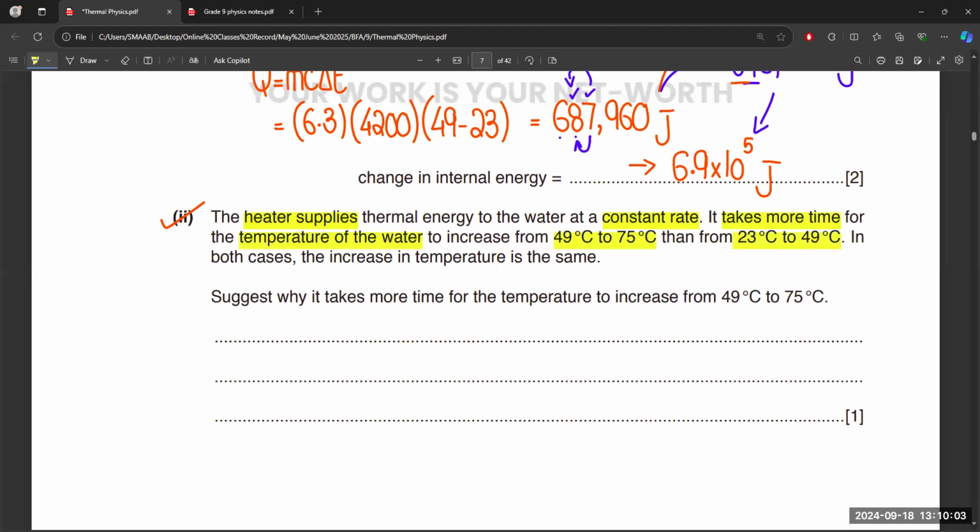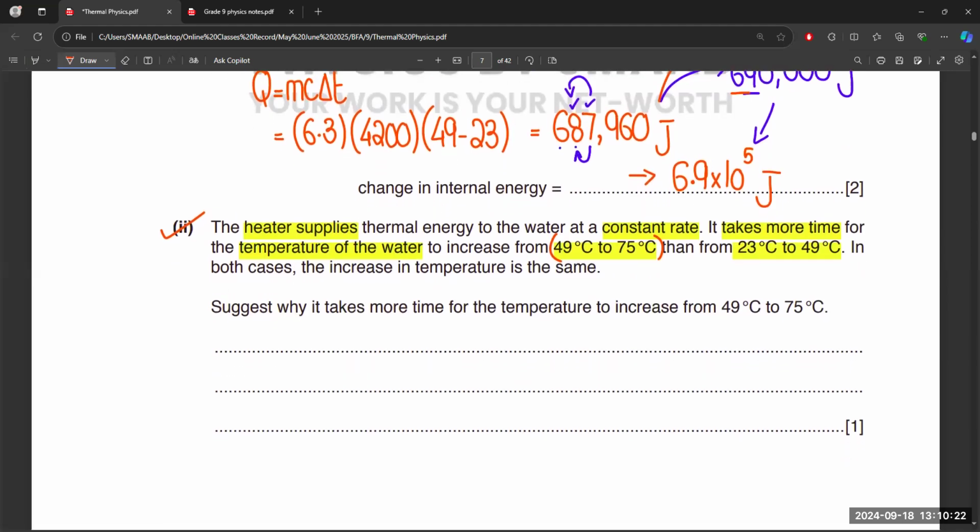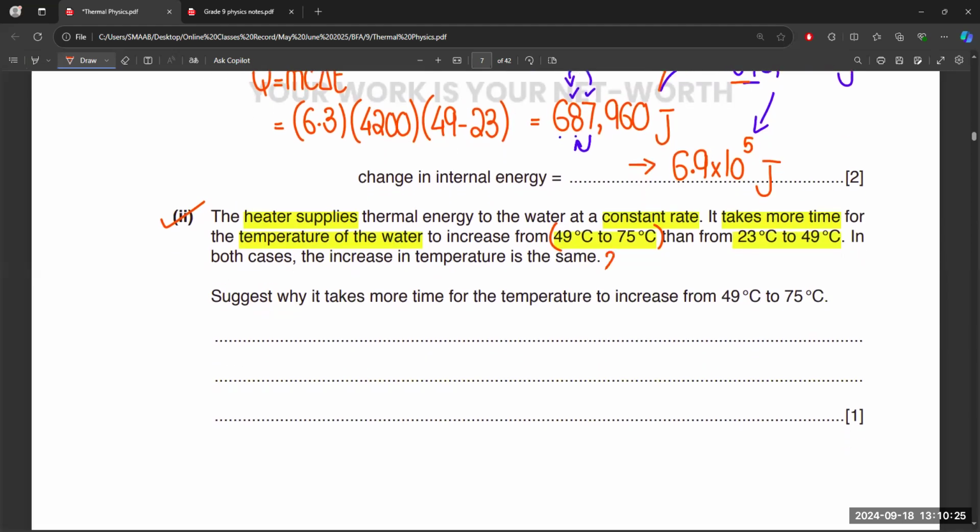In both cases, the increase in temperature is the same, that is 26 degrees Celsius. So the difference in temperature is the same, but at different temperature values we are getting different time durations.